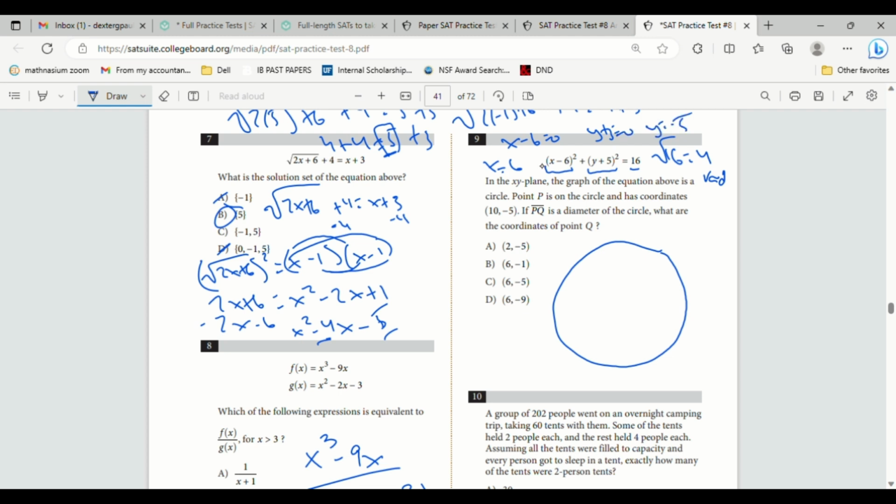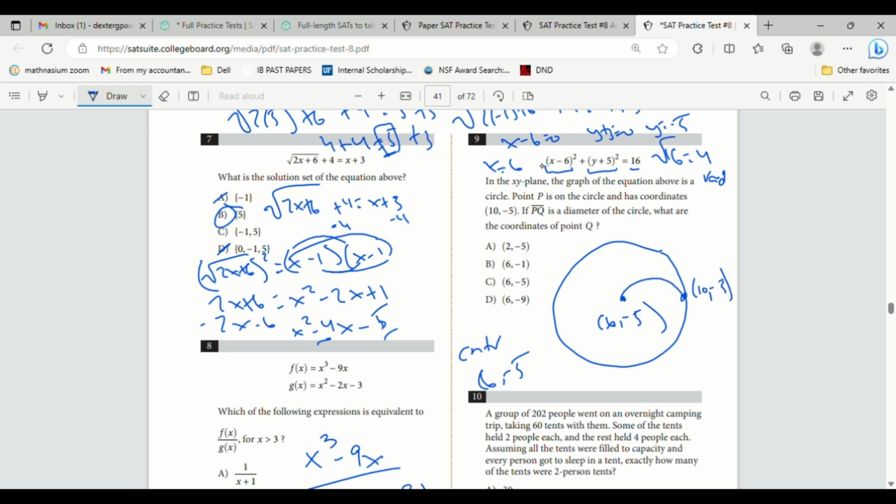So our center is at 6, negative 5. Now it says point P is at 10, negative 5. And so 10 is just 4 points to the right on the x-axis. So we can jump over 4 points here and have 10, negative 5.